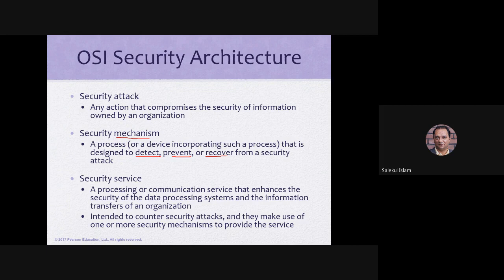This is a processing or communication service. Processing means you are processing some data or information, and communication means you are sending something. So this is a processing or communication service that enhances the security of the data processing systems and the information transfers of an organization.